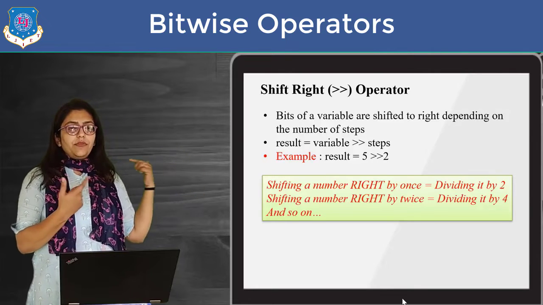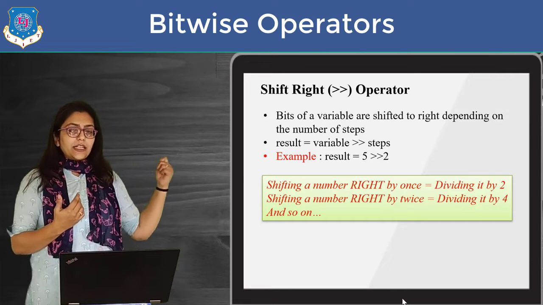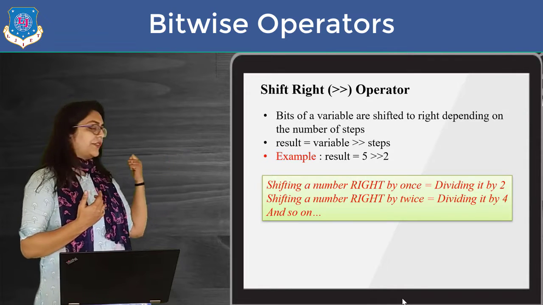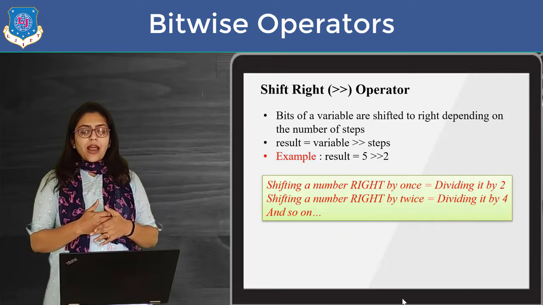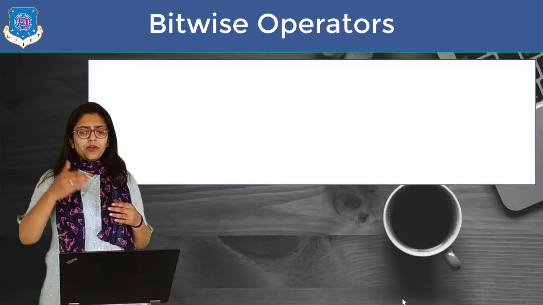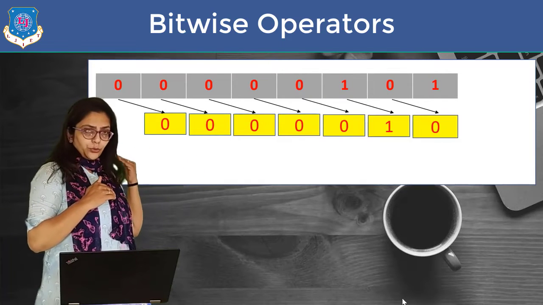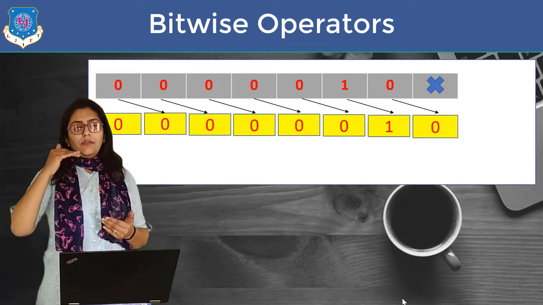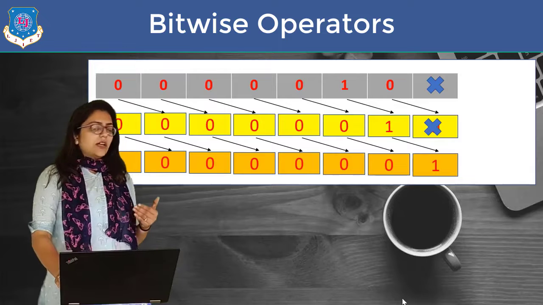In right shift it is the opposite, it is kind of dividing by 2. So at each step you shift right, you are dividing the number by 2. If I am shifting right 2 times, I am dividing by 4, respectively for 8 and so on. You can consider the figure over here.